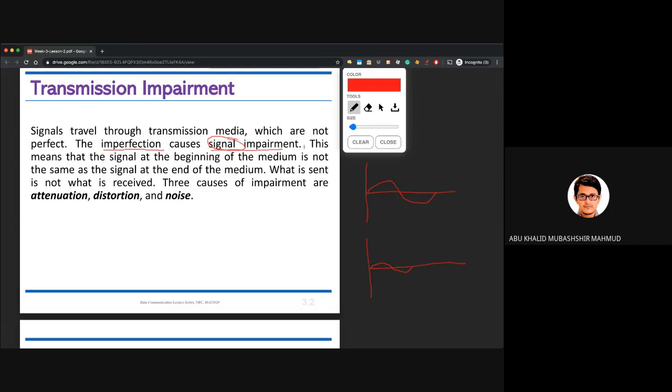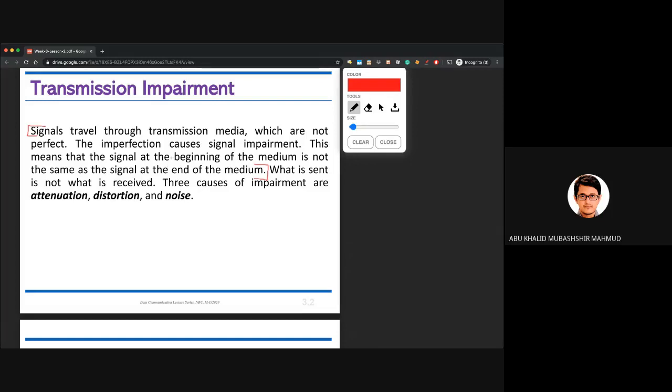A practical example we will see much later on, but at this moment, these are the definitions or explanation. What do we mean by the impairment?